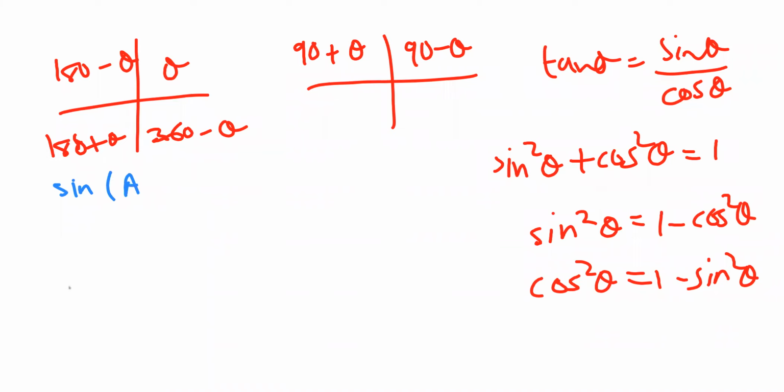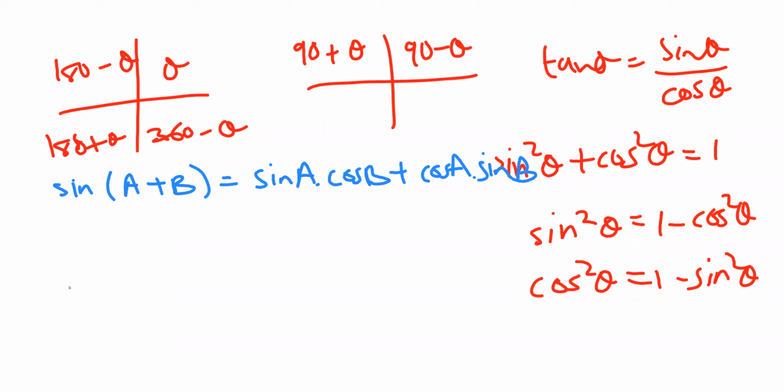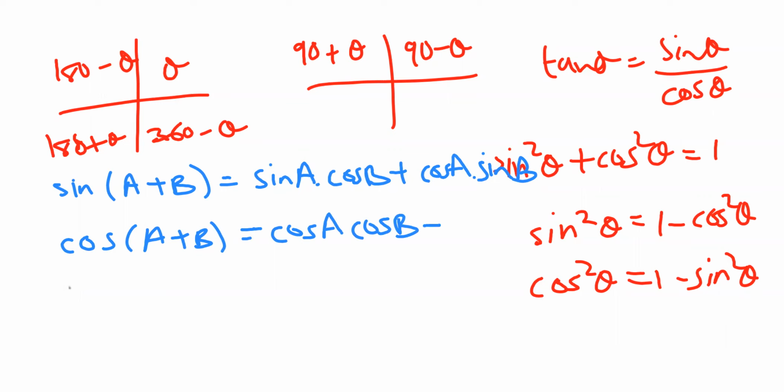Like when you have sine of an angle A plus another angle B, this is equal to sine A times cos B plus cos A times sine B. And if it was cos of A plus B, then this becomes cos A times cos B minus sine A times sine B. So notice when it's cos, the plus inside the bracket changes to a minus. But if it's sine, then the sign will stay the same.